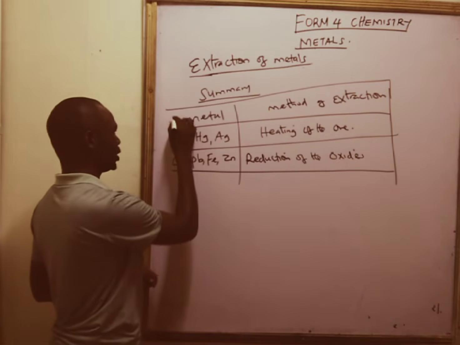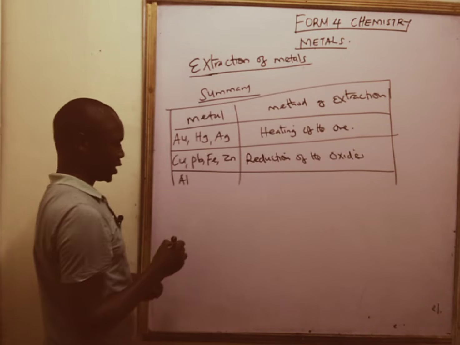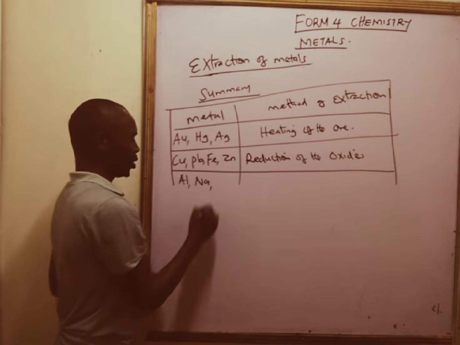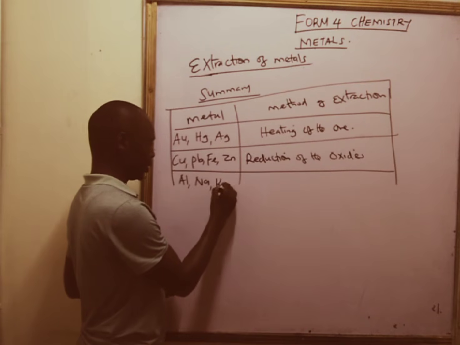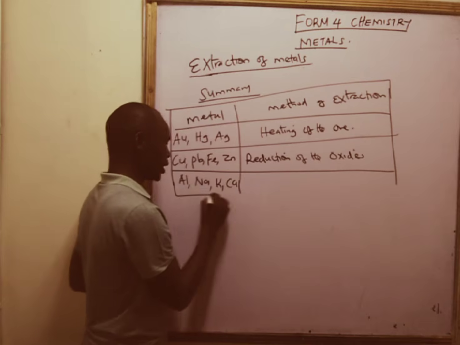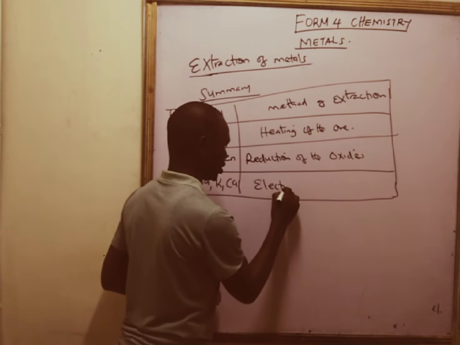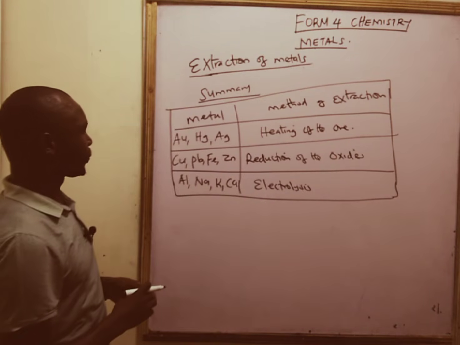Then the last lot we talked about are elements which are higher in the reactivity series, the likes of aluminium, sodium, potassium, magnesium, calcium, etc. These elements are going to be extracted using electrolysis.